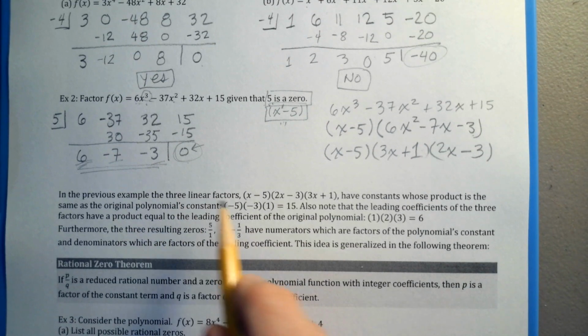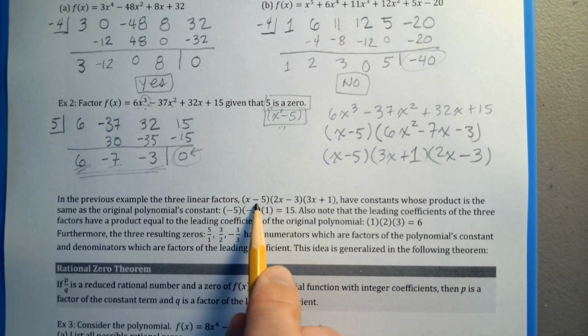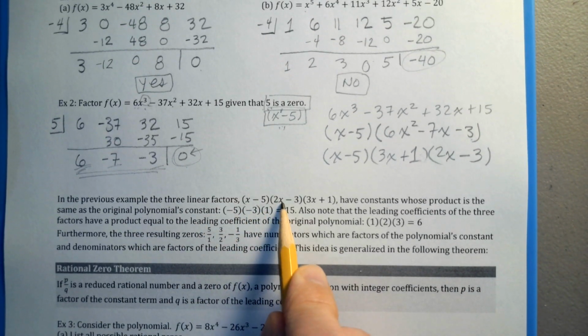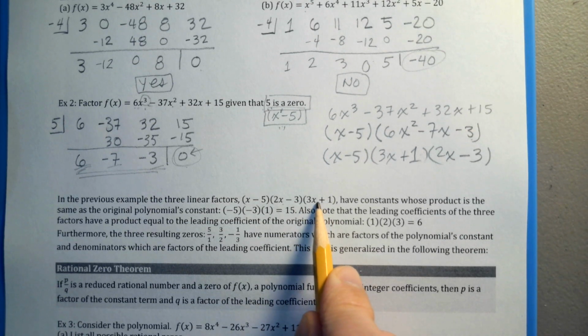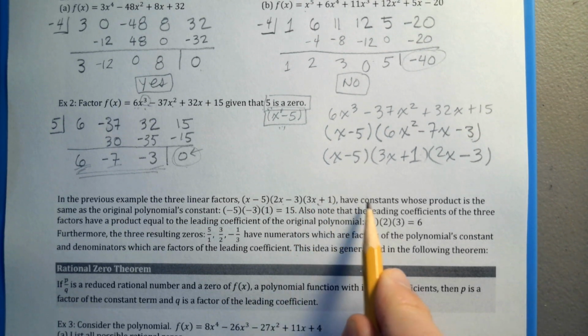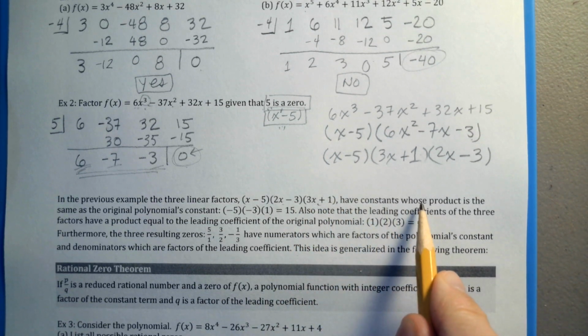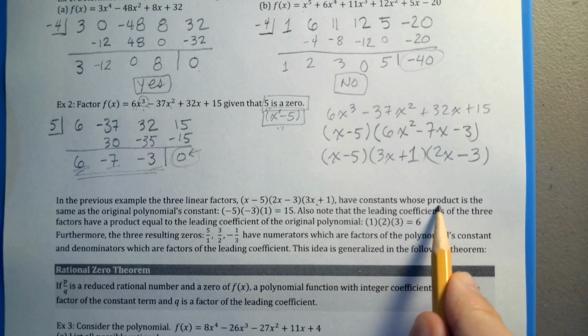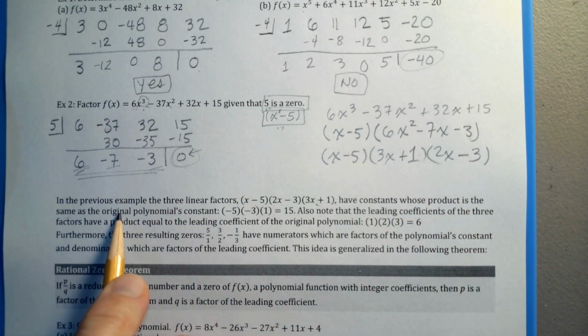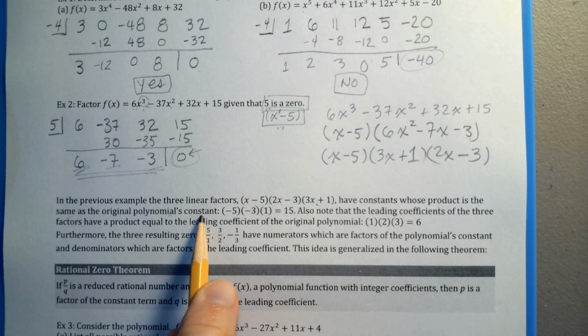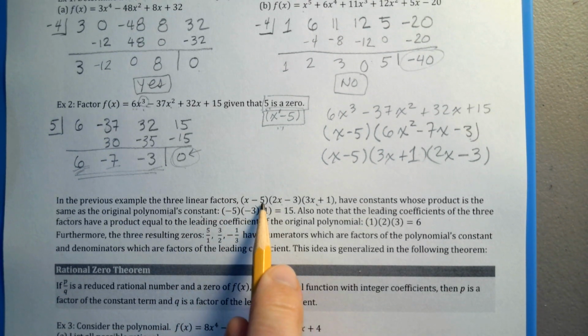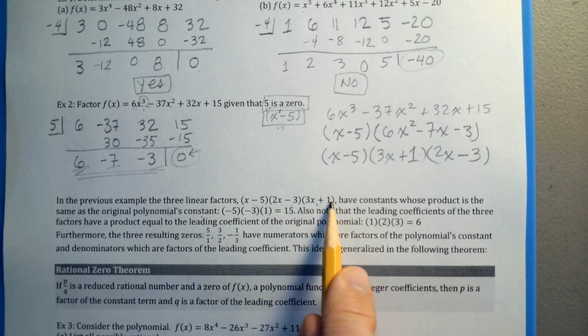In the previous example, the 3 linear factors, x minus 5, 2x minus 3, and 3x plus 1, have constants whose product is the same as the polynomial's constant. So the constants that we had were negative 5, negative 3, and 1.